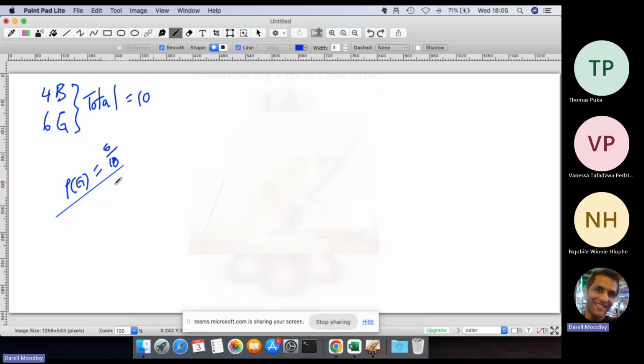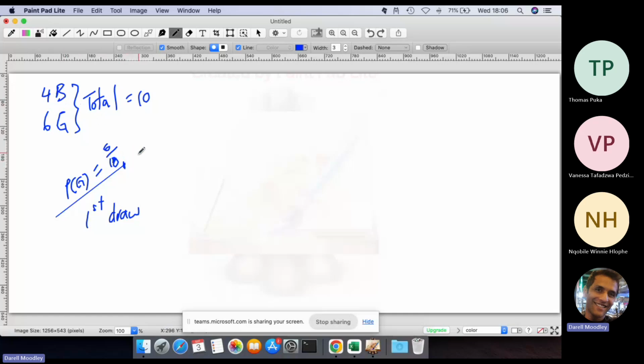So in our first draw, we draw a green marble. Remember, we're going to draw a marble twice. This is the first draw that took place, and now we're going to move on to the second draw. In the second draw, there can be 2 possibilities. You can either draw green again, or you can draw blue.